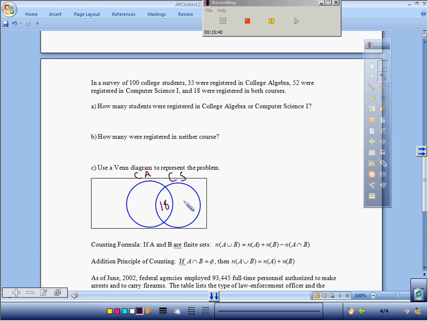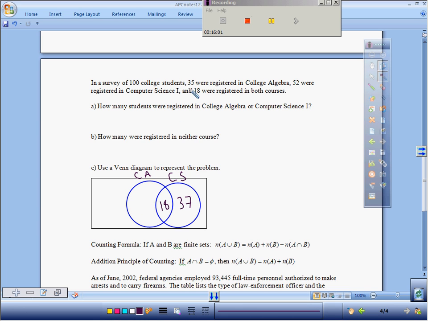Students, sorry. If this is computer science, 52. No, altogether this circle has to add up to 52, right? So how many go out here? 52 minus 18, so there's 34 in that part of the circle. Oh, this is wrong. Sorry. That should be 34. You're right. Thank you, Ra. How many in this part of the circle over here?